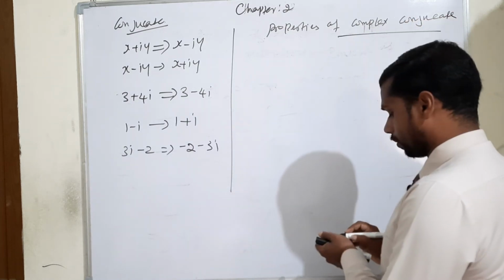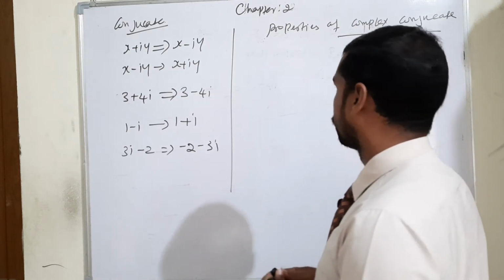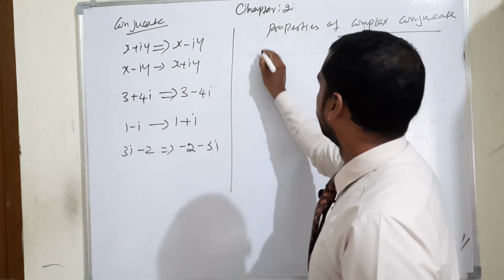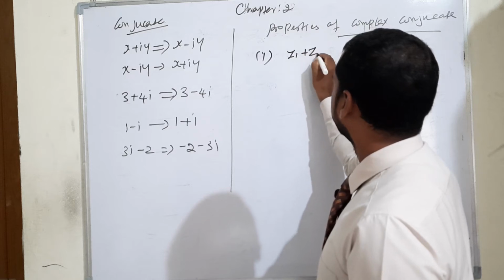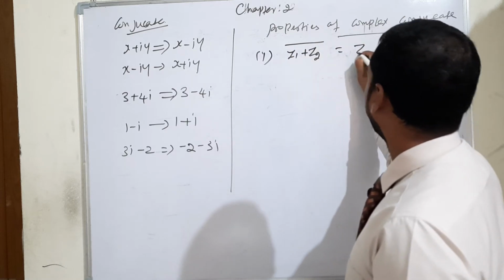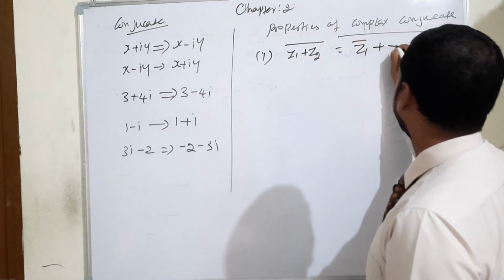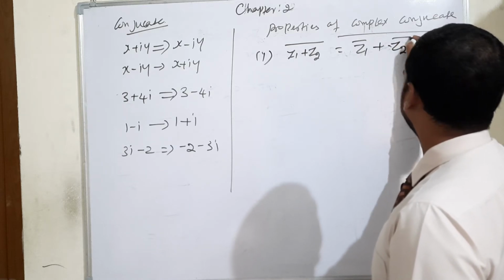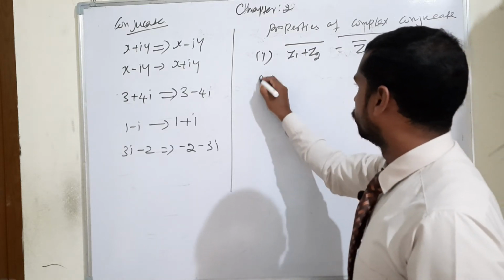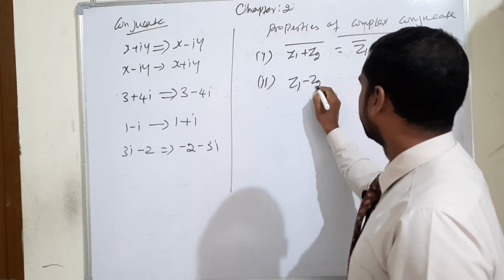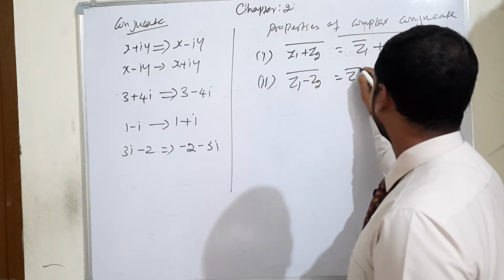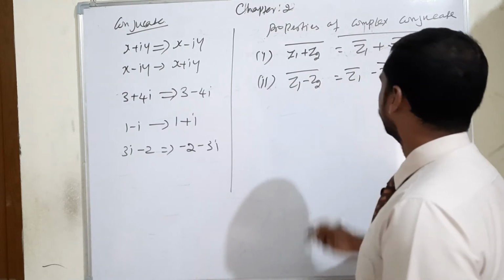Complex conjugate. Property number 1: Z1 plus Z2 the whole bar is Z1 bar plus Z2 bar. Property number 2: Z1 minus Z2 the whole bar is equal to Z1 bar minus Z2 bar.